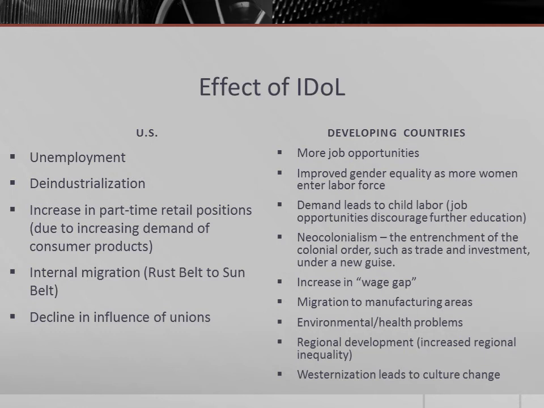And then we're also seeing a decline in the influence of unions. In the past, those unions have been very, very strong. But because companies can say, well, we'll just take those jobs to Mexico, unions are losing some of the bargaining power that in the past they've had. And so those are some of the effects that are happening in the United States and to a certain extent other core countries as well.